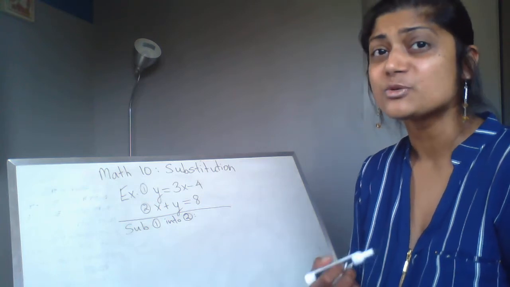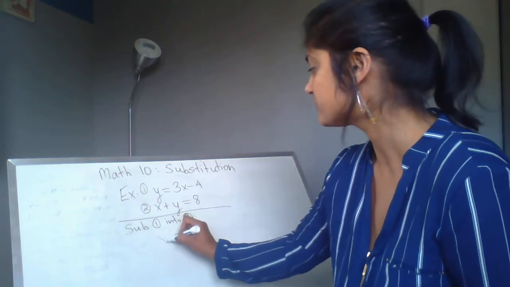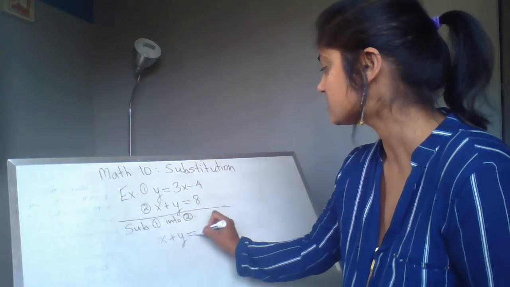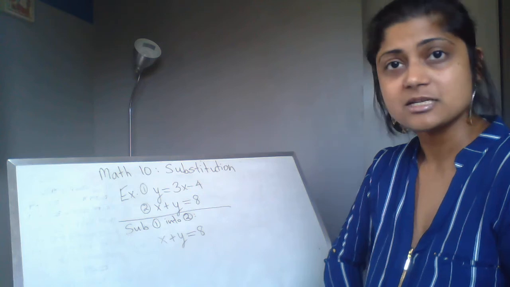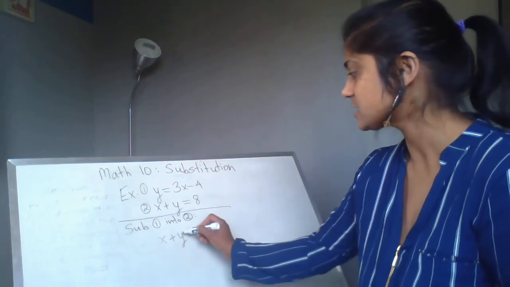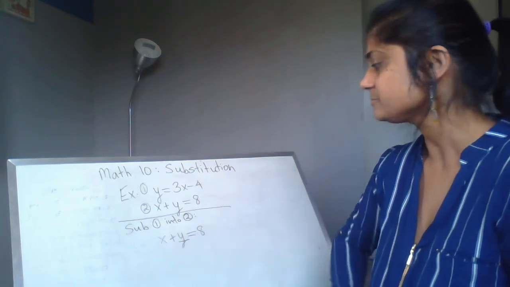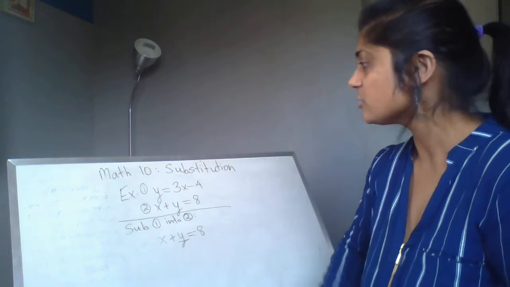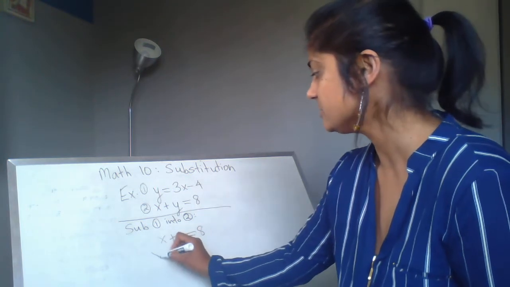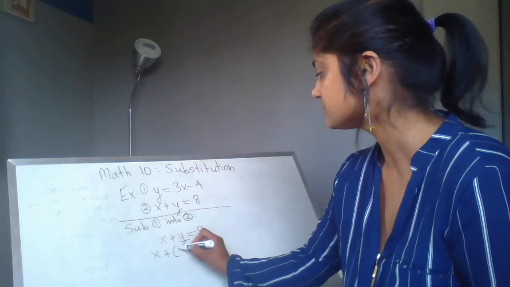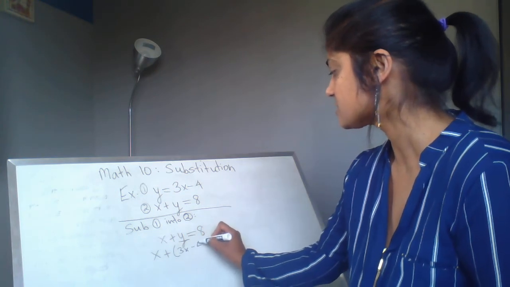So we're going to rewrite equation 2 here, which is x plus y equals 8. And instead of writing the y, in this case over here, I'll underline it, we're going to write 3x minus 4. So we'll put x plus 3x minus 4.